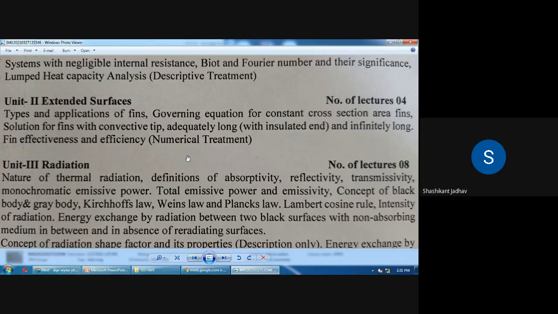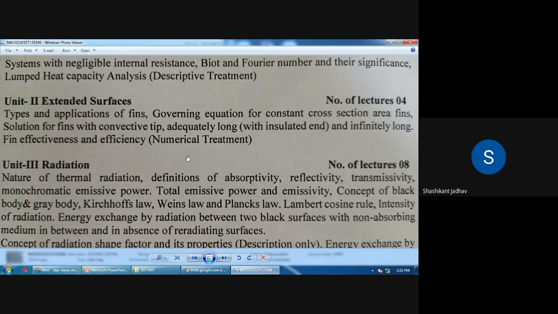Here we have completed unit number 1. A total of 28 lectures were spent on unit number 1, so from that you can understand how many derivations and problems there are. Now we are starting unit number 2, extended surfaces. If you study unit number 1 properly, it is very easy to understand topics 2, 3, 4, 5, 6.